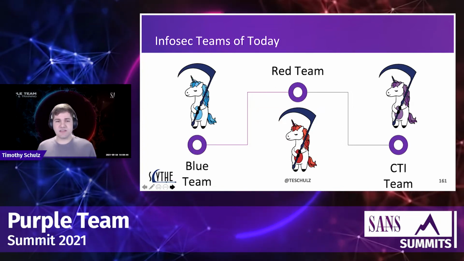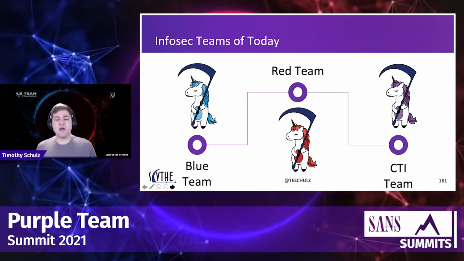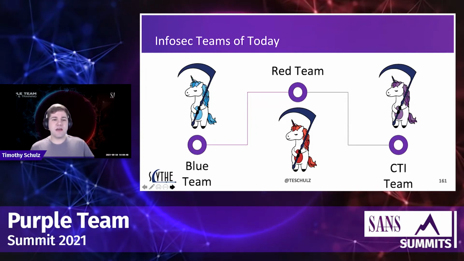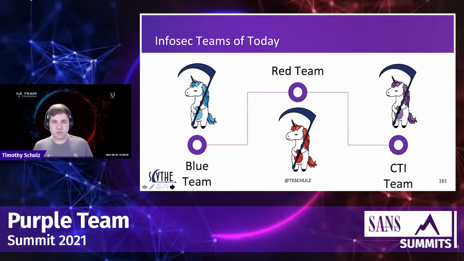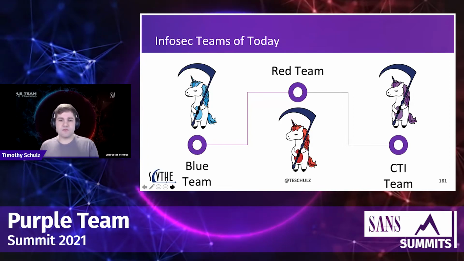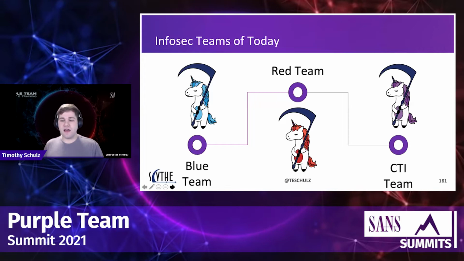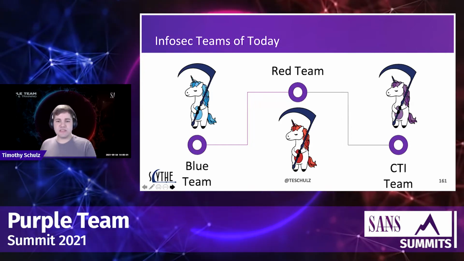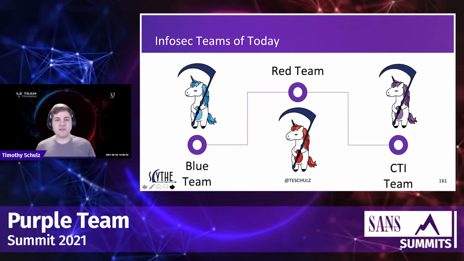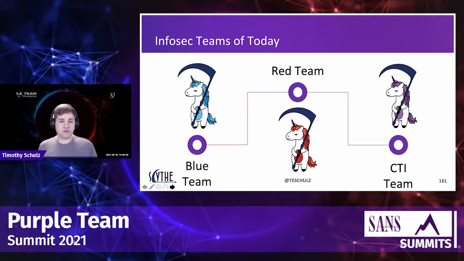This is because of the siloed nature of a lot of these teams, that they are focused on themselves in the business context. And so the blue teams are often focused on, okay, how do we do alerting? Do we need to build out firewall exceptions, right? How are we going to administer the machines? And again, that can be broken out into more teams depending on how large your organization is.